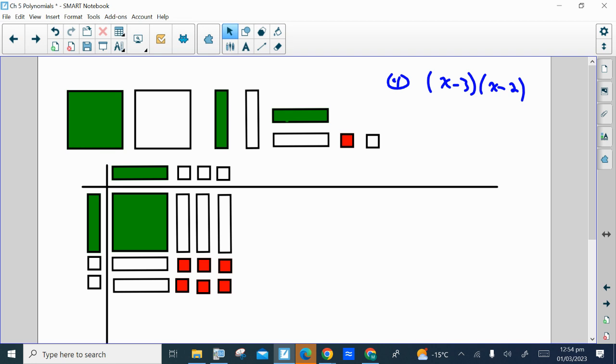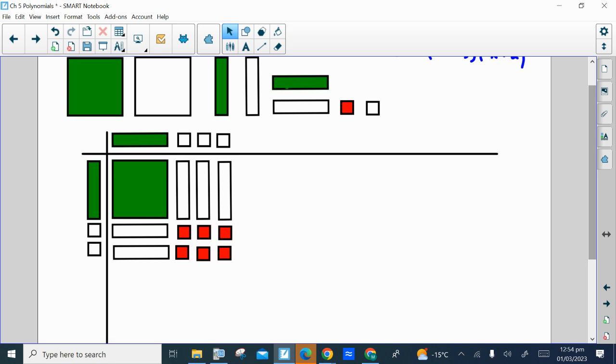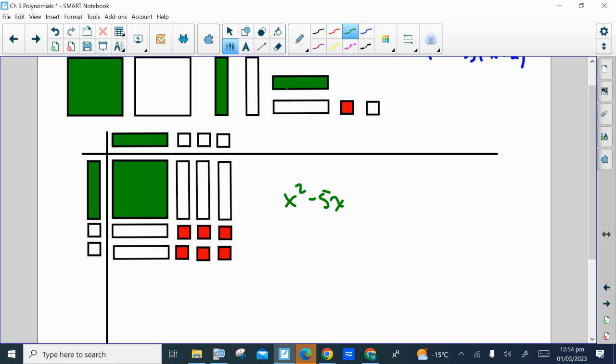So we've created a rectangular shape, I should say. And if we look and see what we have here, we've got a positive x squared. In this case, there are 5 negative x tiles, so that's minus 5 x's. And then there are 2, 4, 6 positive 1 tiles, so that's positive 6. That's what you get when you multiply those together.